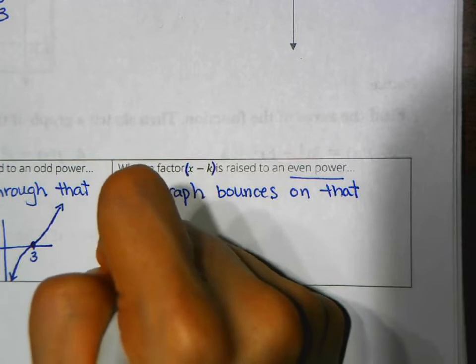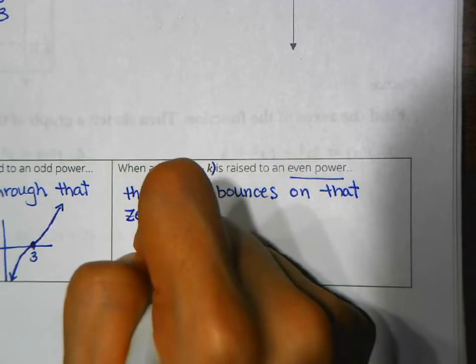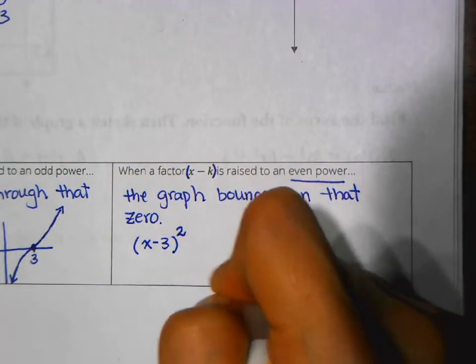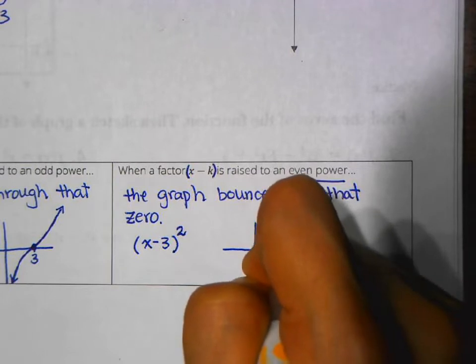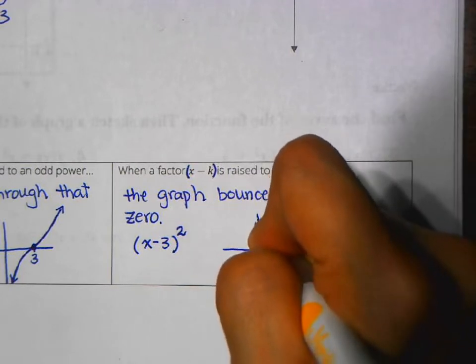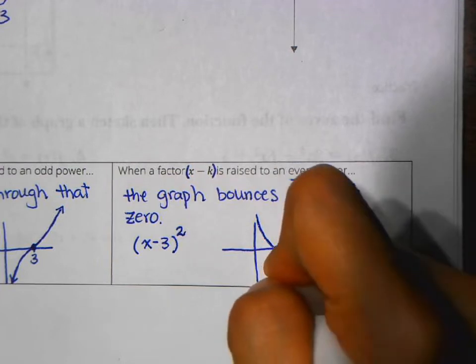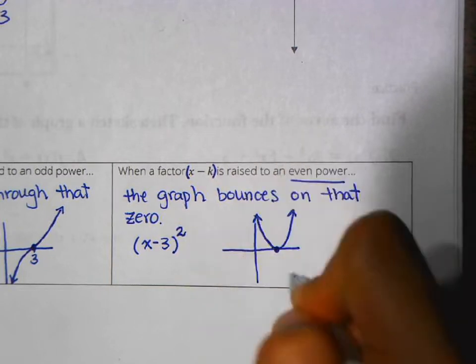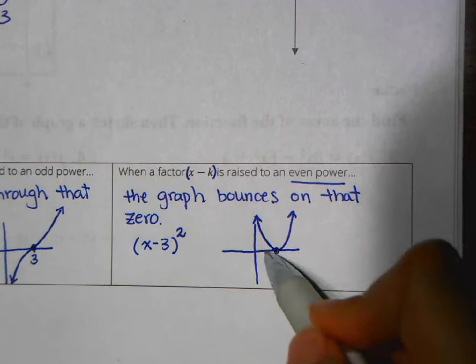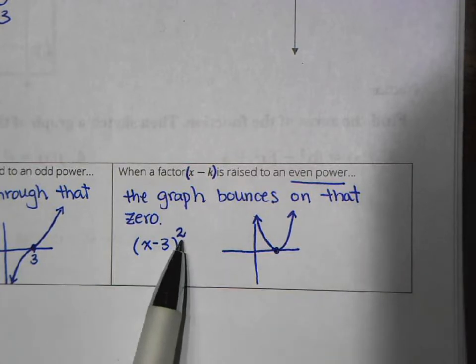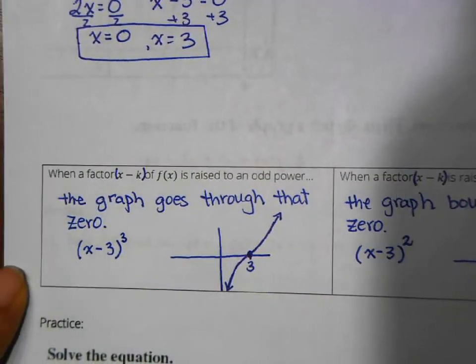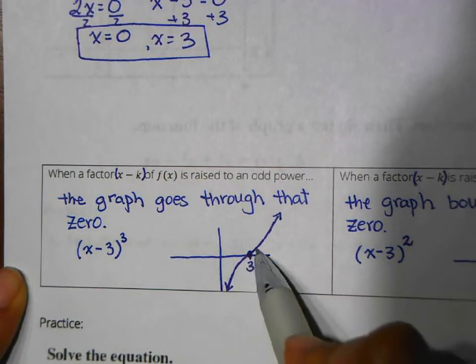For example, if I have x minus 3, but this time it's raised to the second power, that is an even power, what's going to happen is on that x equals 3, my graph is going to come down to that point, touch that point, not go through it, but actually bounce back up. So that's what it means when I say bounces off the point. So when the exponent is even, the graph bounces off of that 0. When the exponent is odd, the graph goes through that 0.